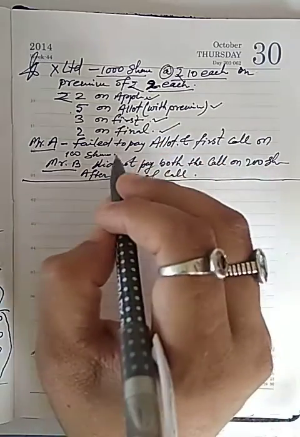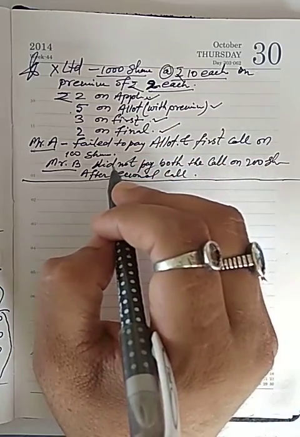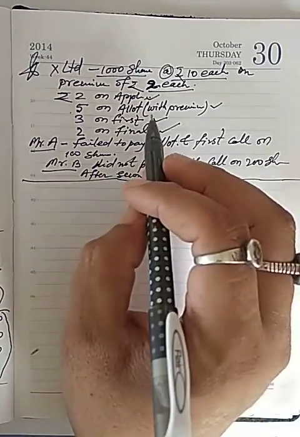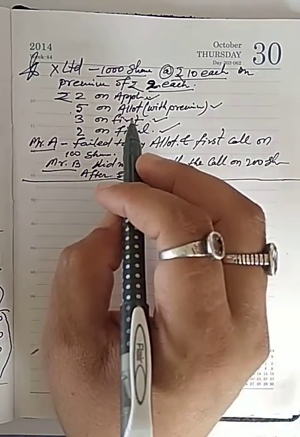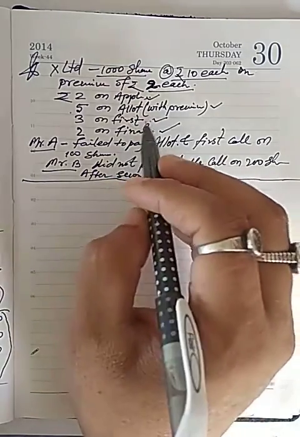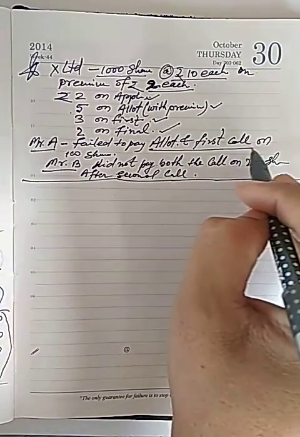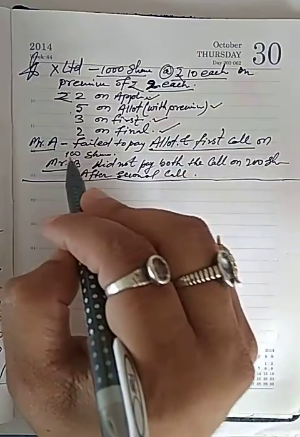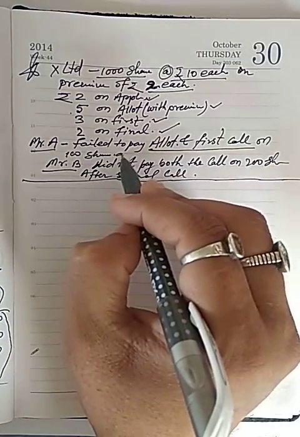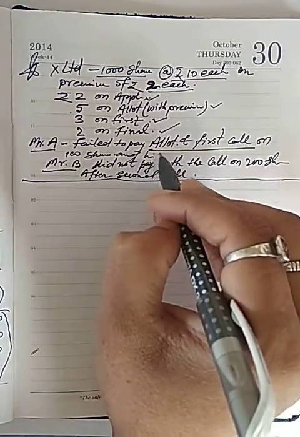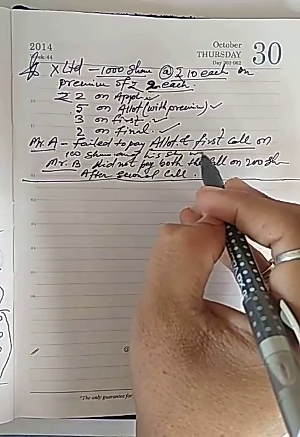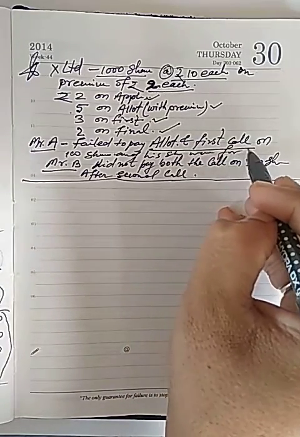And the last part says all the money was received except Mr. A, who failed to pay allotment and first call money on 100 shares, and his shares were forfeited.